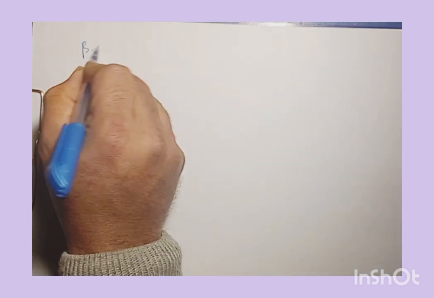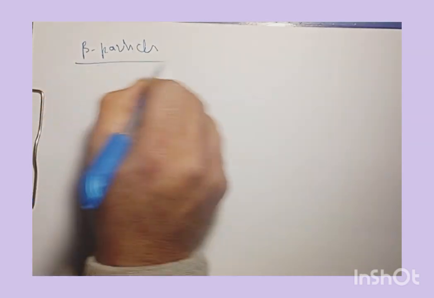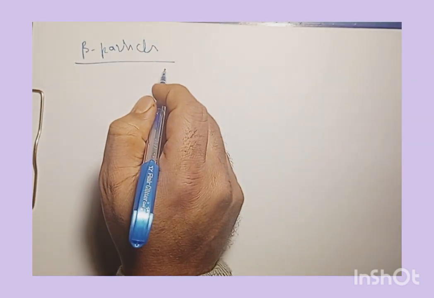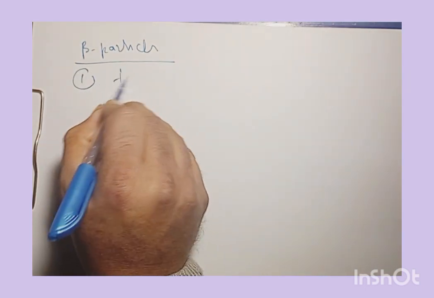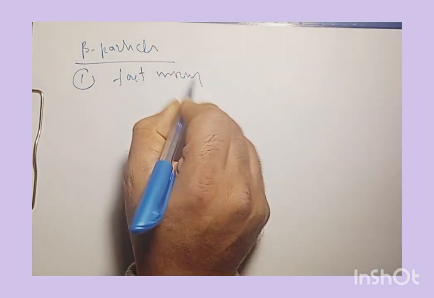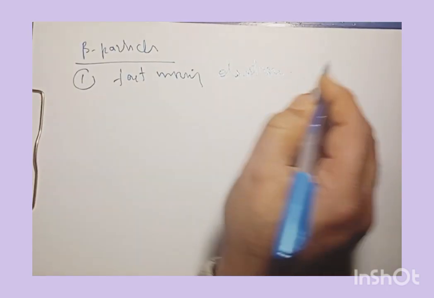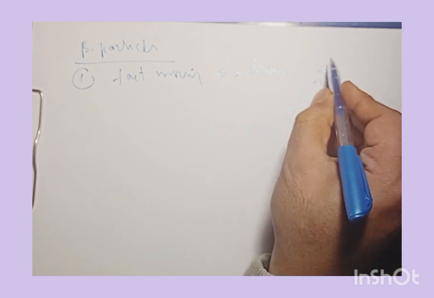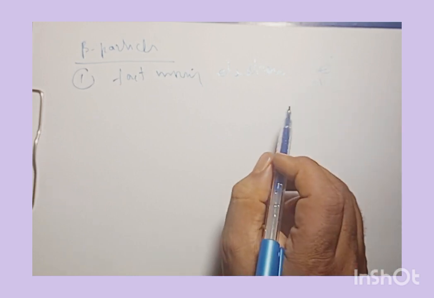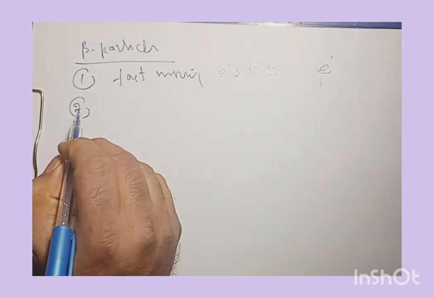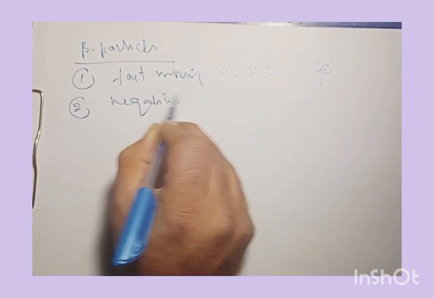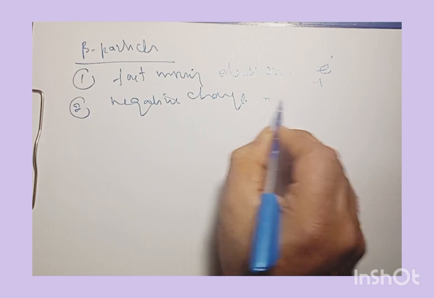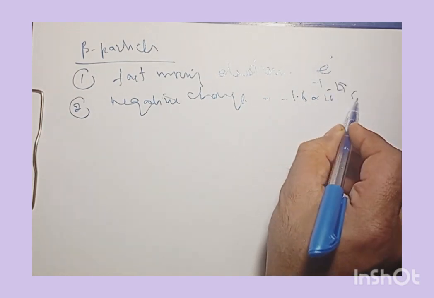Now let's talk about some of the important properties of beta particles. These beta particles are basically comparable to fast-moving electrons. So we have an electron with negative charge, and that is minus 1.6 times 10 to the power of minus 19 coulombs.